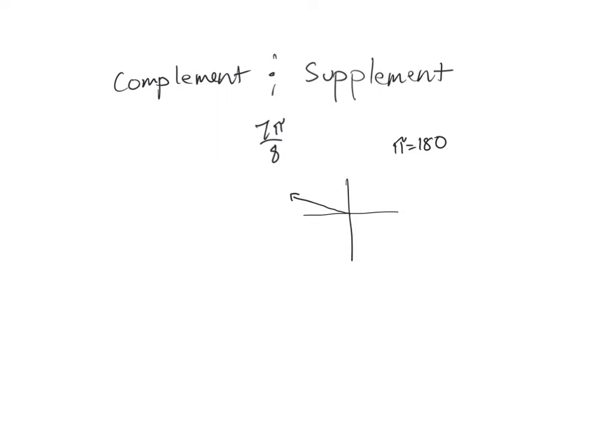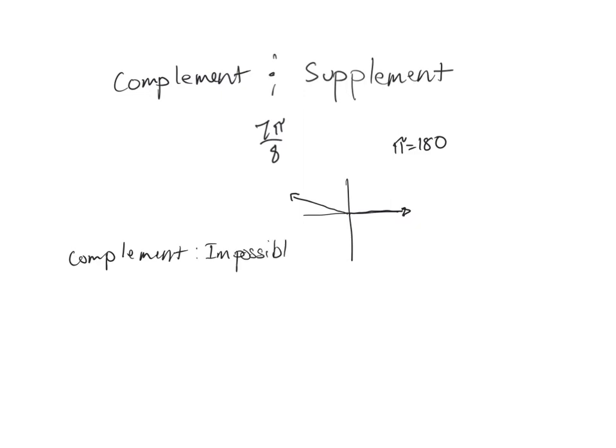I know it has to be bigger than pi over 2, because pi over 2 is a half, and 7/8 is way bigger than a half. So it's bigger than 90 degrees. So in terms of complements, it cannot have any. It's impossible.